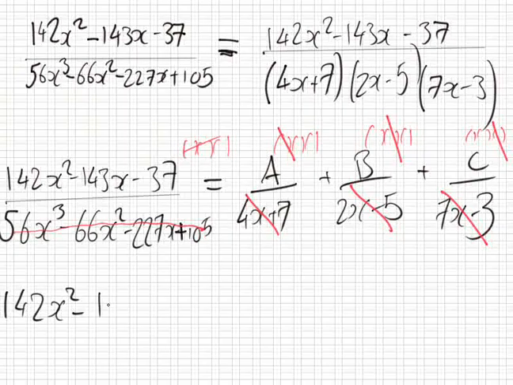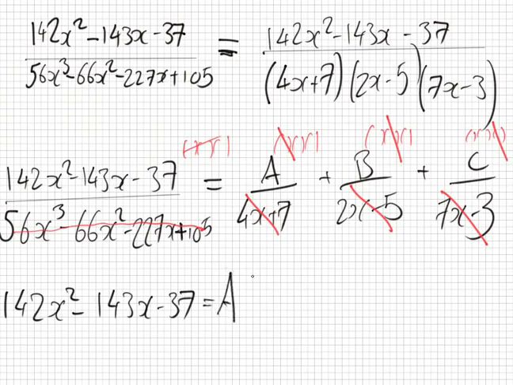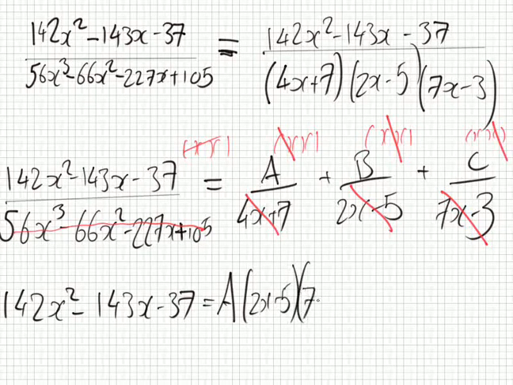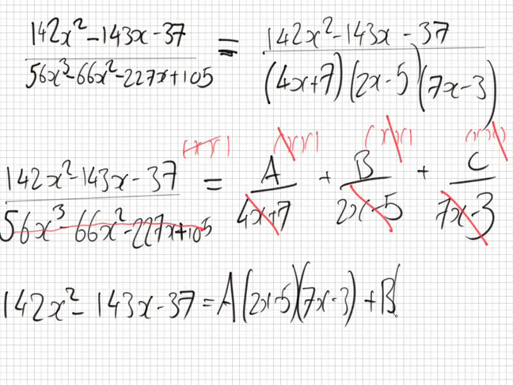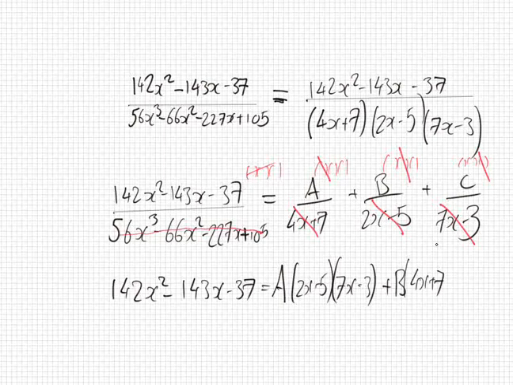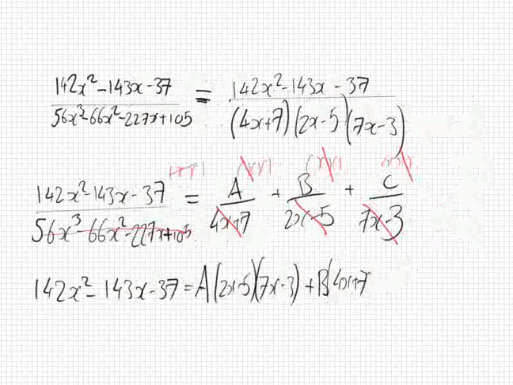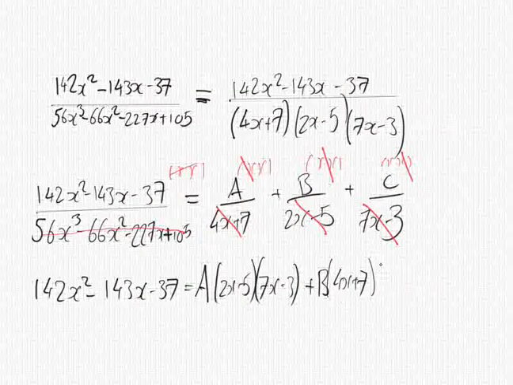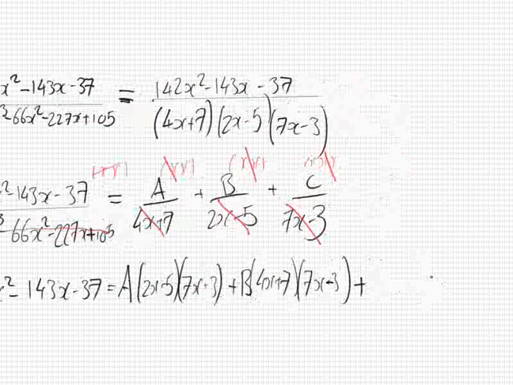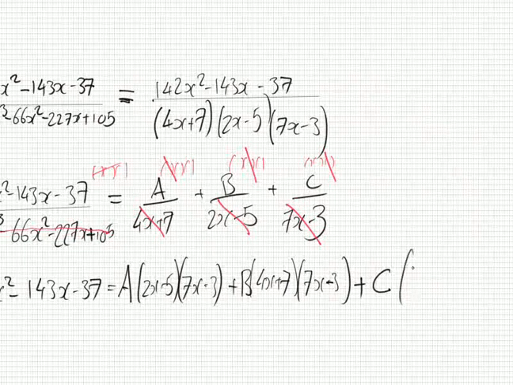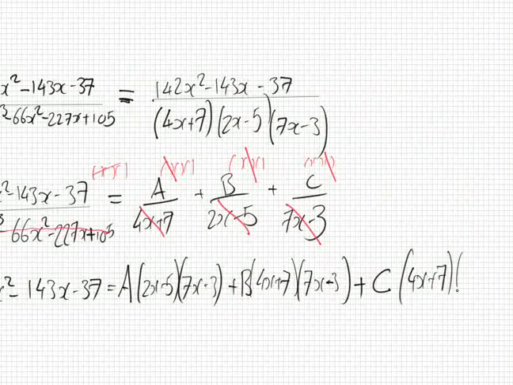142x squared minus 143x minus 37 equals A times 2x minus 5 times 7x minus 3, plus B times 4x plus 7 times 7x minus 3, plus C times 4x plus 7 times 2x minus 5.